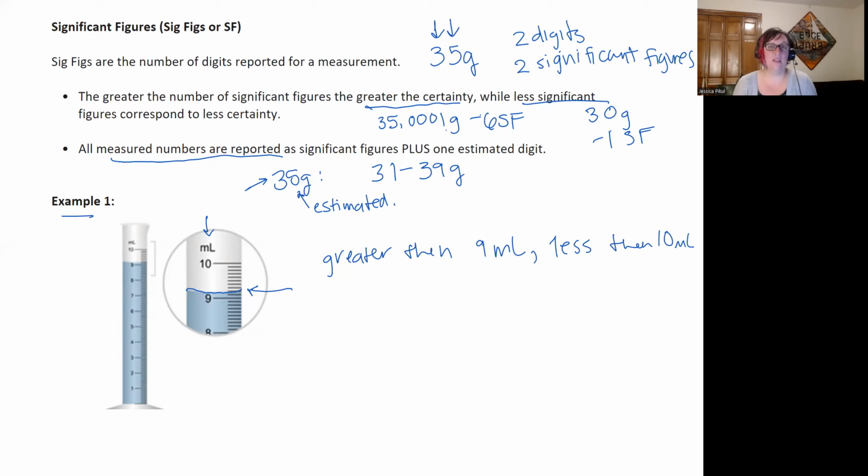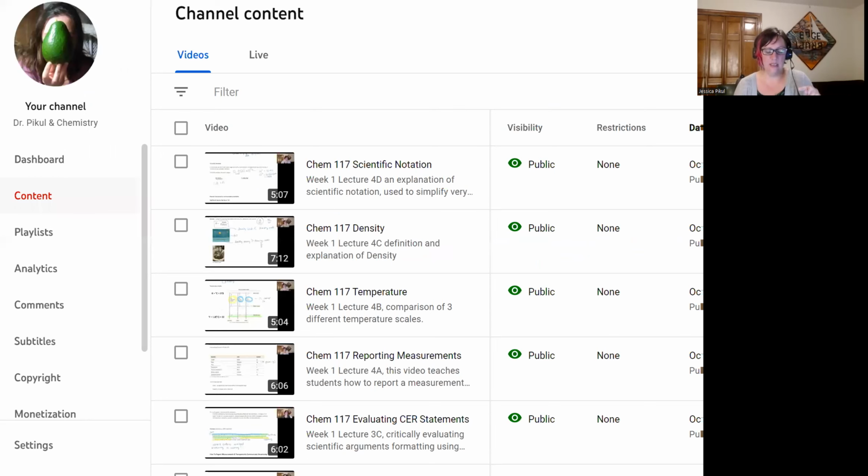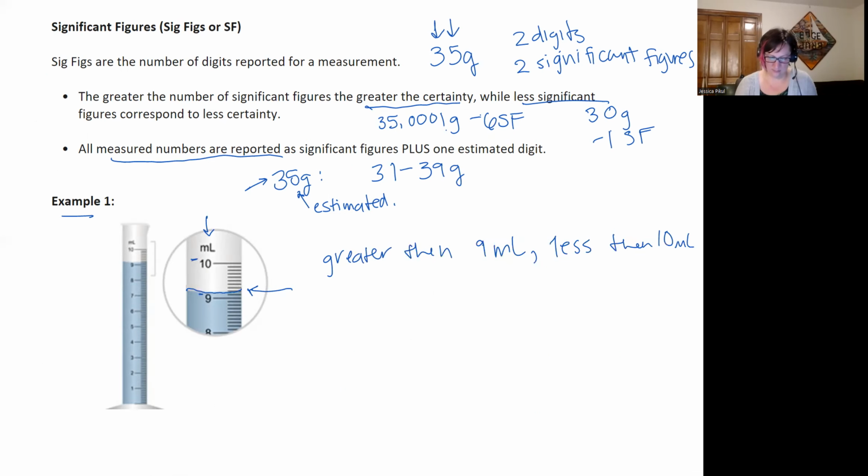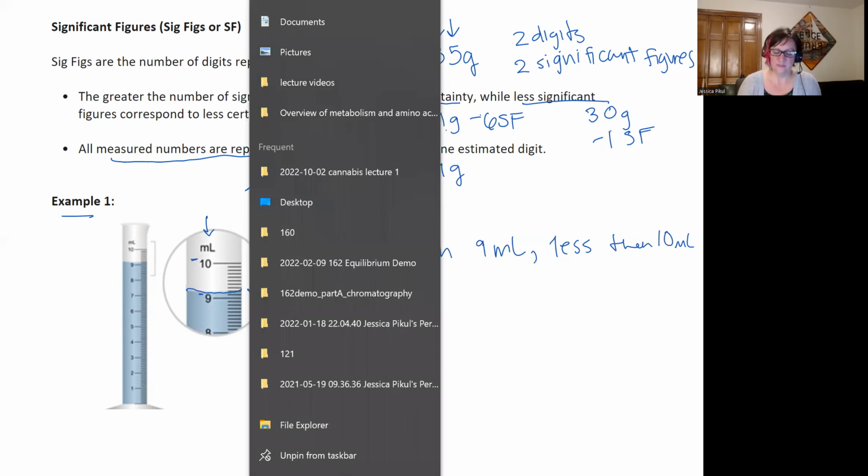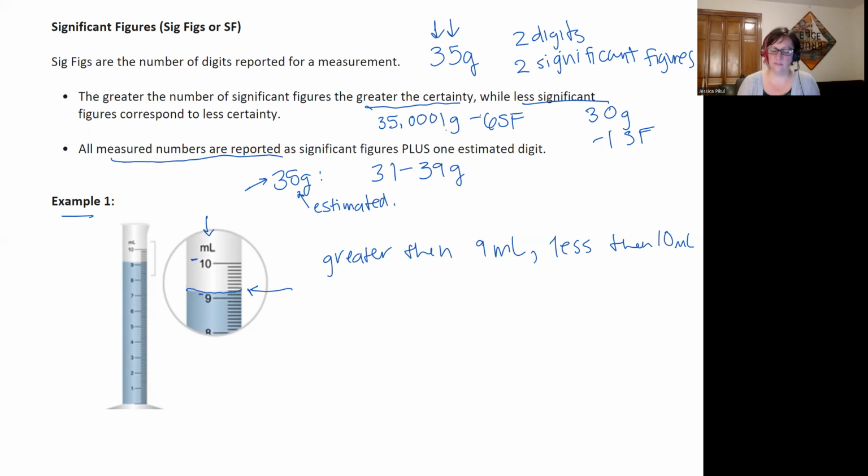Now I can use the little markings. I've used these 2 big markings that have numbers. If the 9 is 9 milliliters and the 10 is 10 milliliters, each of the little markings is 0.1 milliliter.